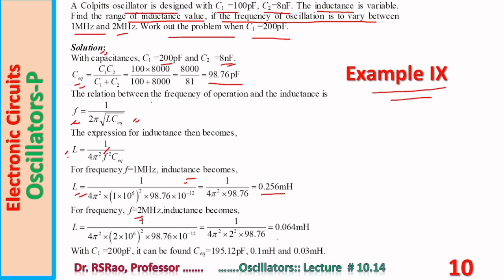It turns out to be 0.065 millihenry. With the capacitance C1 equal to 200 picofarad, it can be found C equivalent equal to 195.12 picofarad and inductance 0.1 millihenry, 0.03 millihenries.